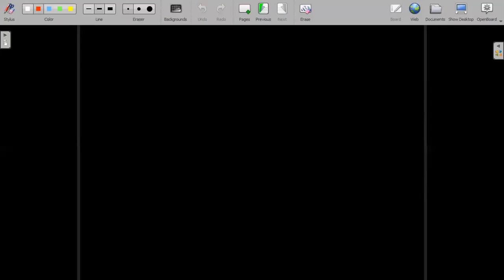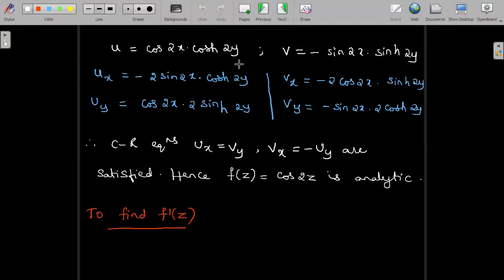So we are familiar that f dash of z is equal to ux plus i into vx. So we will now substitute for both ux and vx. Just now we obtained the partial derivatives ux and vx. Both we will substitute and then use Milne-Thomson substitution.